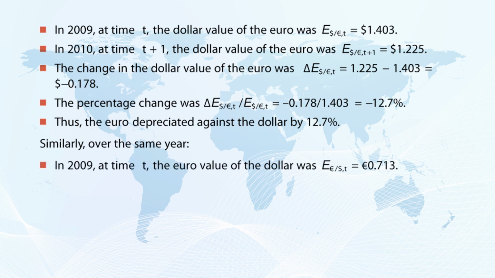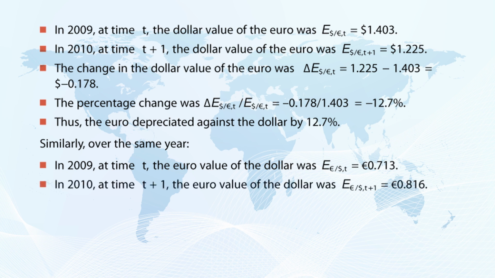Similarly, over the same year, in 2011, at time t, the euro value of the dollar was 0.770 euros. In 2012, at time t plus 1, the euro value of the dollar was 0.759.